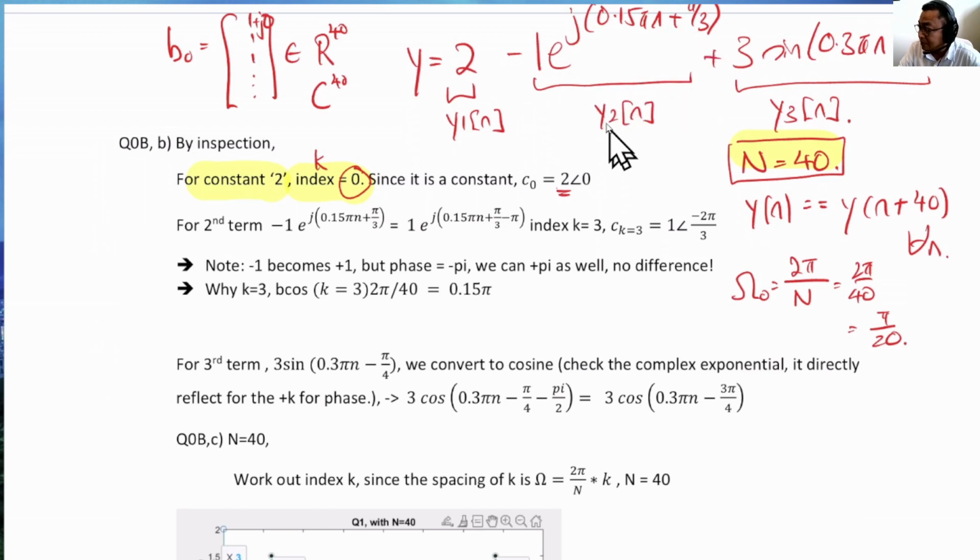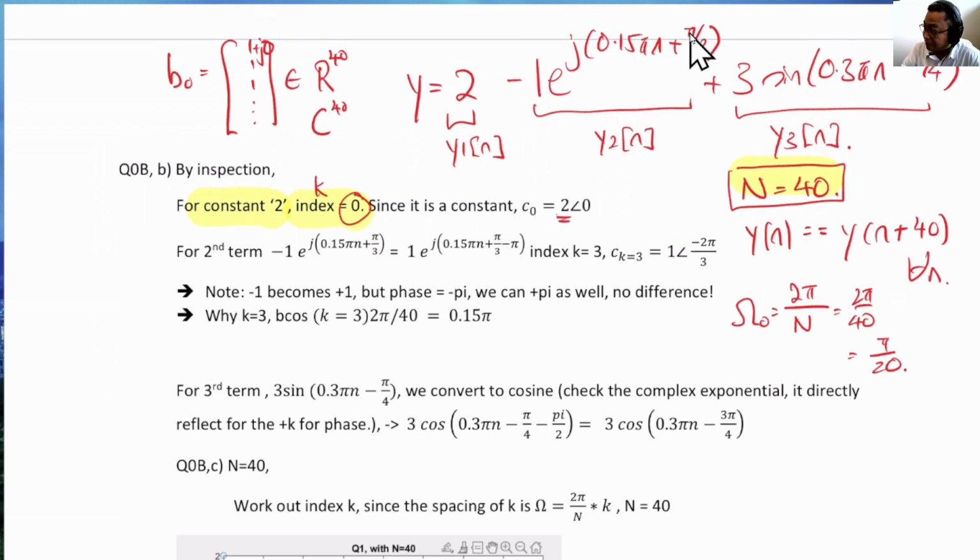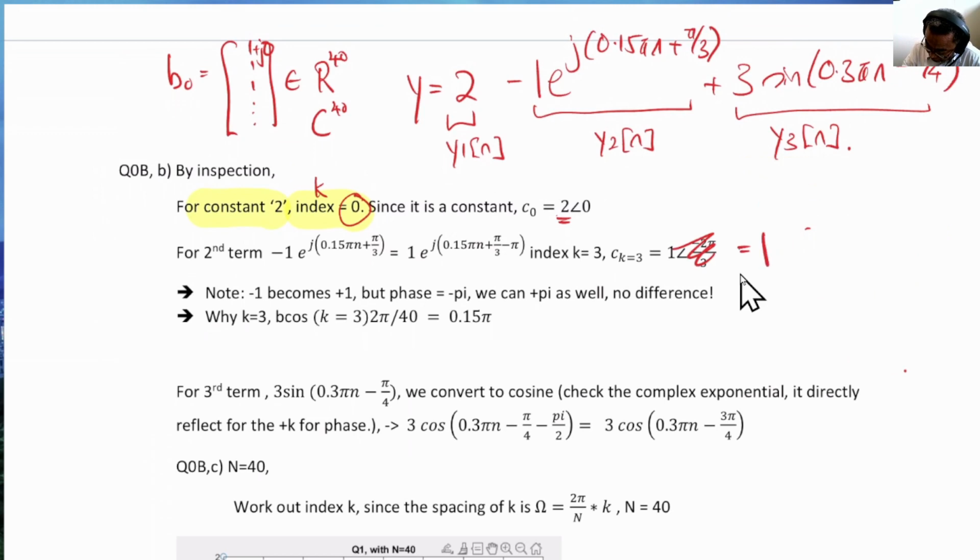Now what about y2 of n? y2 of n simply has this coefficient minus 1 with pi over 3. There's an error here, it should be 1 angle pi over 3. Okay, exactly.